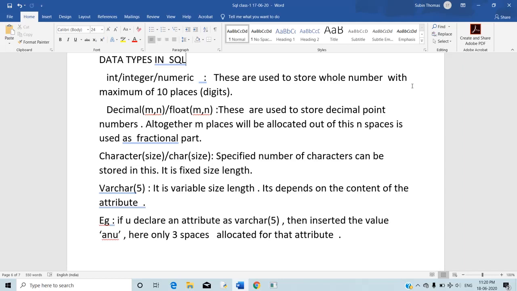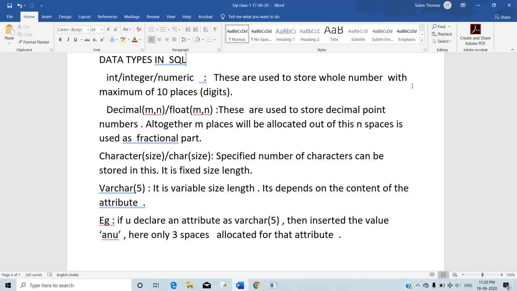If I am going to give varchar of 5 for an attribute, and I am inserting a value for a particular record, say the value coming under that attribute is Anu, Anu means only 3 characters are there. So for that particular record, only 3 memory spaces are allocated.